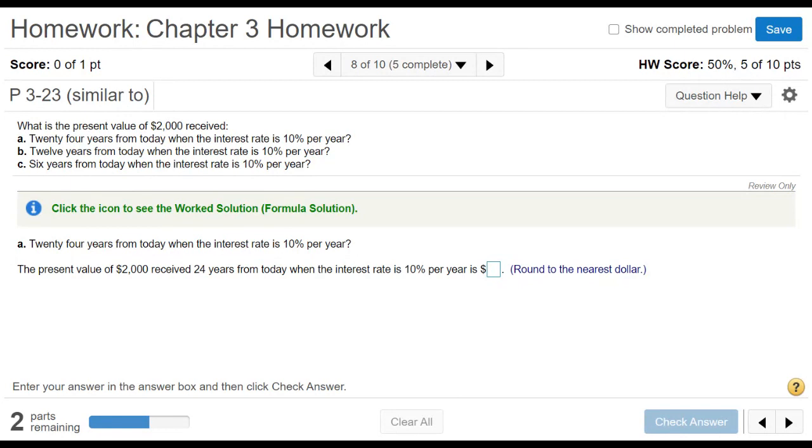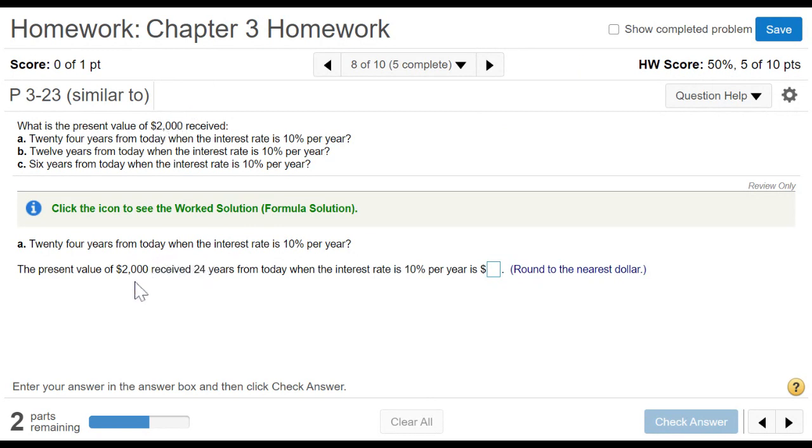Impossible. Remember what I said. If it's present value, it has to be less than what we're trying to calculate.